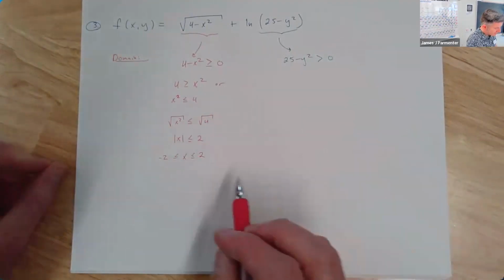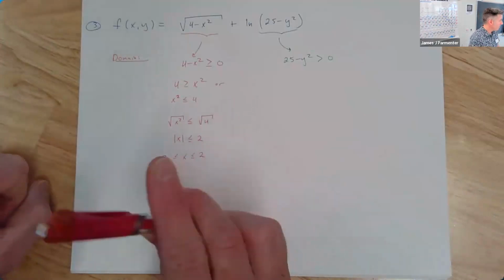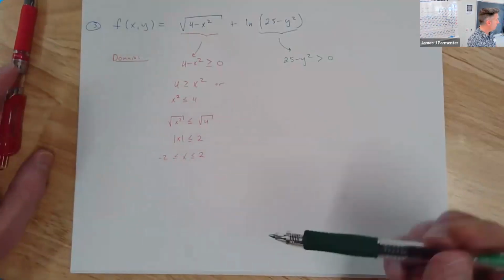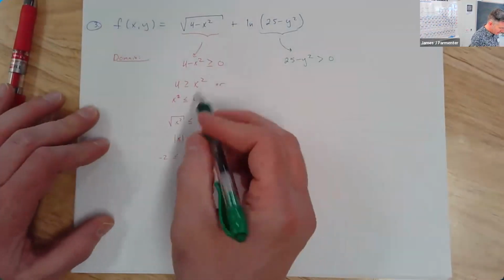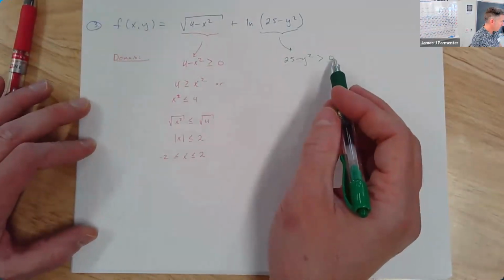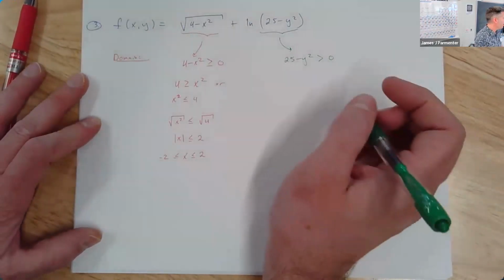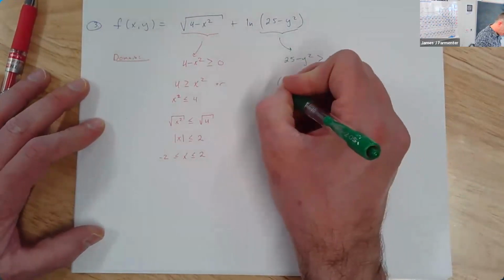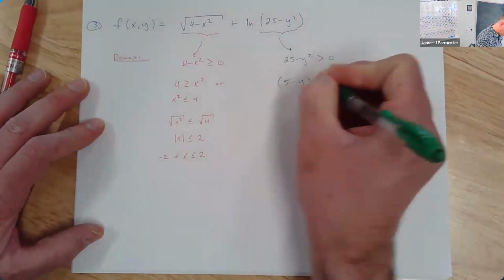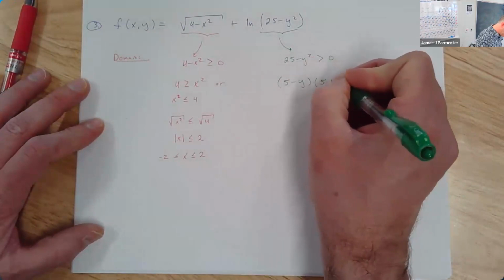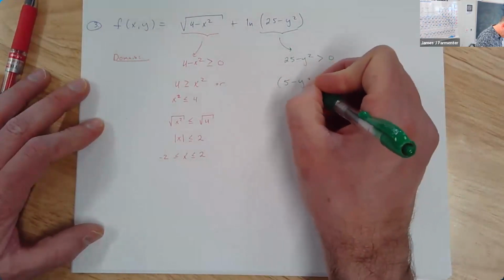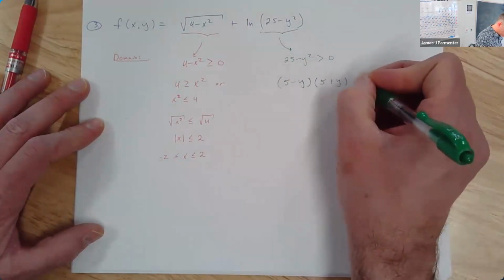Now, I'll say once again, not my favorite way to solve this. Here is my preferred way to solve an inequality like this. Instead of bringing y squared to one side and taking square roots, let's just factor the left-hand side. I'm going to factor this as 5 minus y times 5 plus y. Do be careful here. The order does matter.